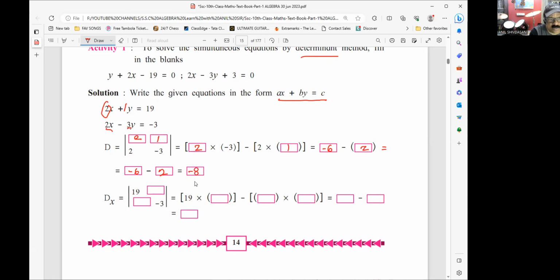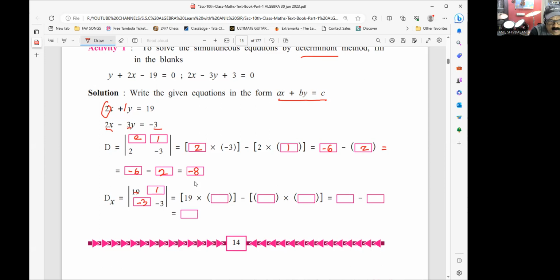Now you go and do Dx. Dx is equal to 19 and 1, the coefficient of y, and minus 3 and minus 3, because here also it is minus 3.